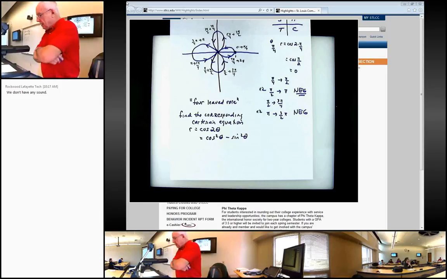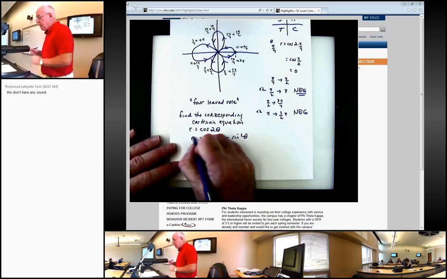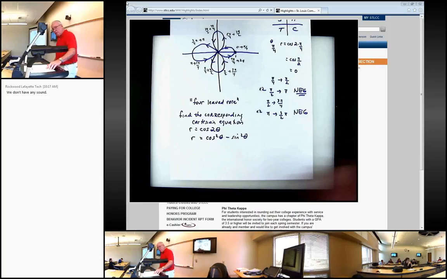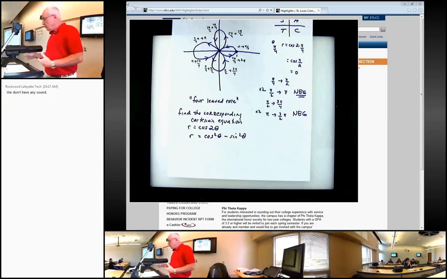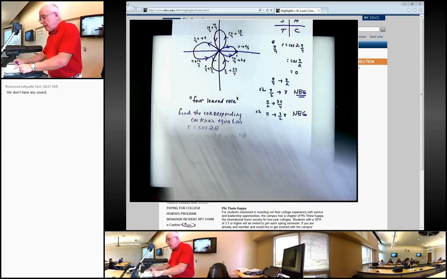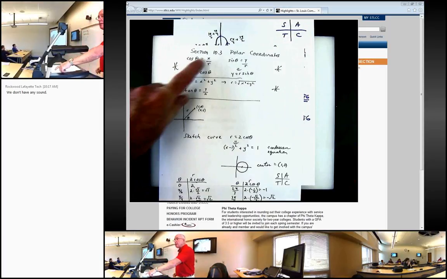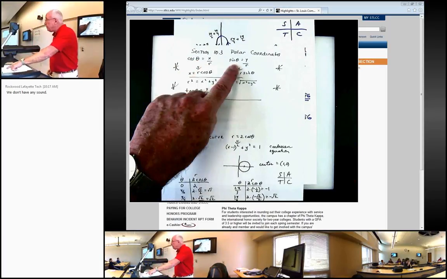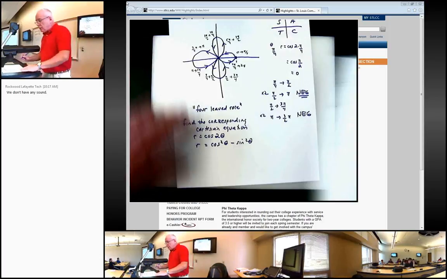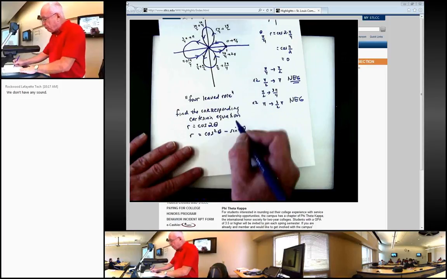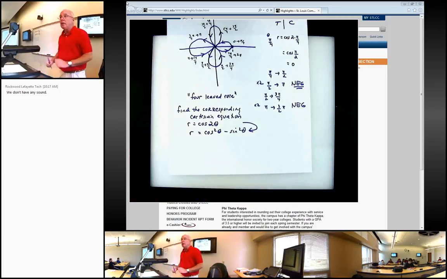Now, so this is equal to r. Now, the cosine of theta and the sine of theta we can represent in terms of x. We have this formula back here that the cosine of theta is x divided by r. The sine of theta is y divided by r. So the reason I wanted to get things here, I wanted to go from 2 theta to a single theta, so that I could then replace the cosine with x over r and the sine with y over r.